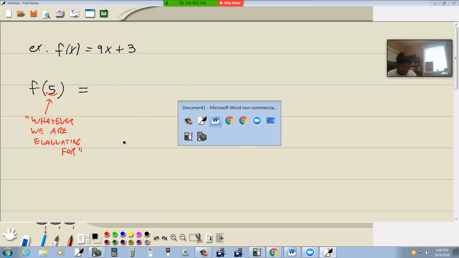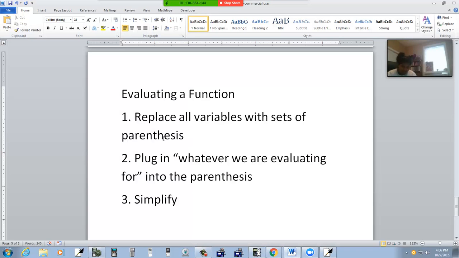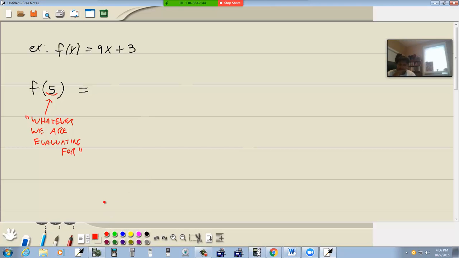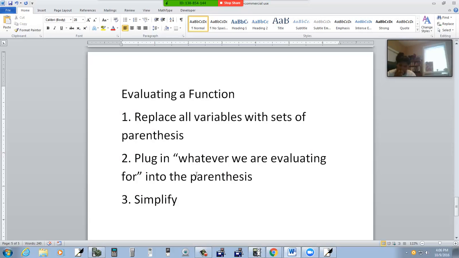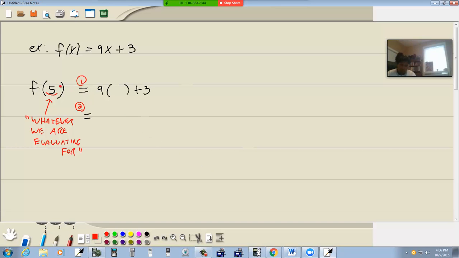Okay, step 1. Replace all variables with sets of parentheses. So we're going to go through, and everywhere we have a variable, we'll put it in parentheses. Step 2. Plug in whatever we're evaluating for into the parentheses. So whatever's inside the parentheses right here is automatically what you're going to put in these parentheses.